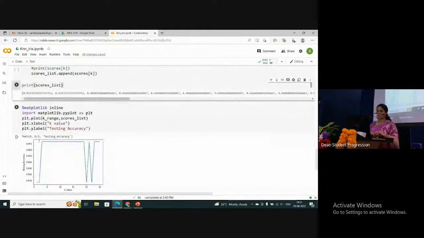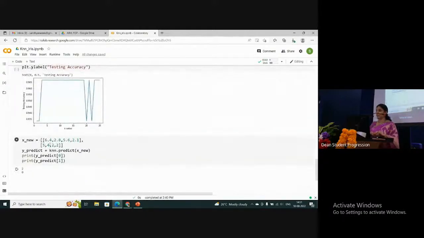You can use any one of these data sets; I have used the 6.4 one under x_new. I have passed two samples, and I just fit my model onto these two samples, and then I am predicting the values for 0 and 1.